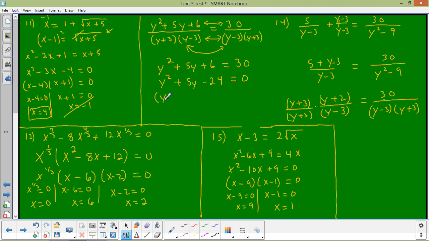Because this is going to be y plus 8, and it's going to be y minus 3, right? And then out of that, y minus 3 equals 0, and y plus 8 equals 0, which gives me y equals negative 8, and gives me y equals 3, right?